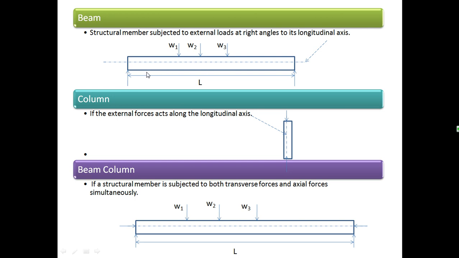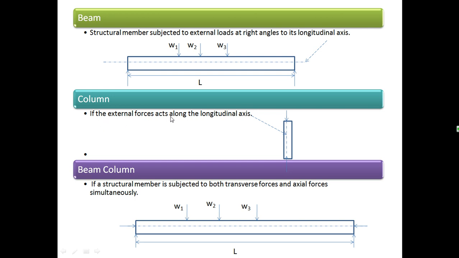This is a beam. Suppose the loads are not at 90 degrees to the longitudinal axis, what is the name of that structural member? That we can see in the second figure.